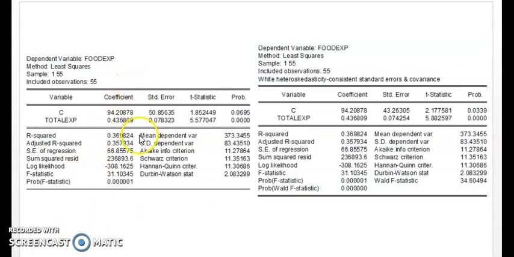The first part is the usual OLS, where we have the problem of heteroscedasticity, and when we use the robust standard error, we have a new standard error, but the coefficient and the R squared are the same. Only the standard error is different. This is the robust standard error, and these t-stats are now reliable and valid. And if we see the p-values, both of the estimators are significant.